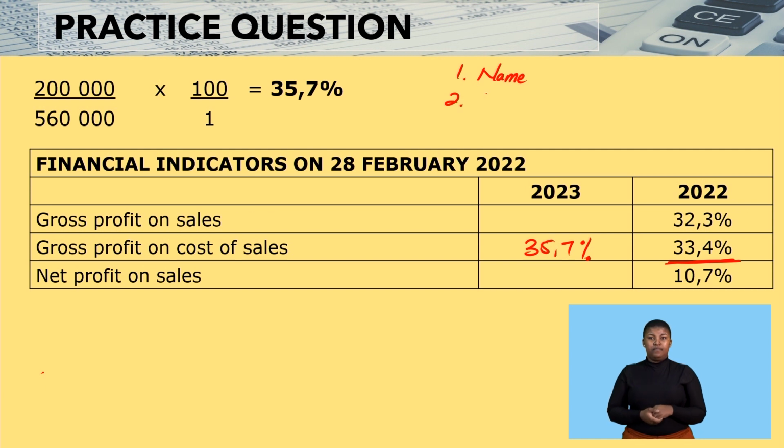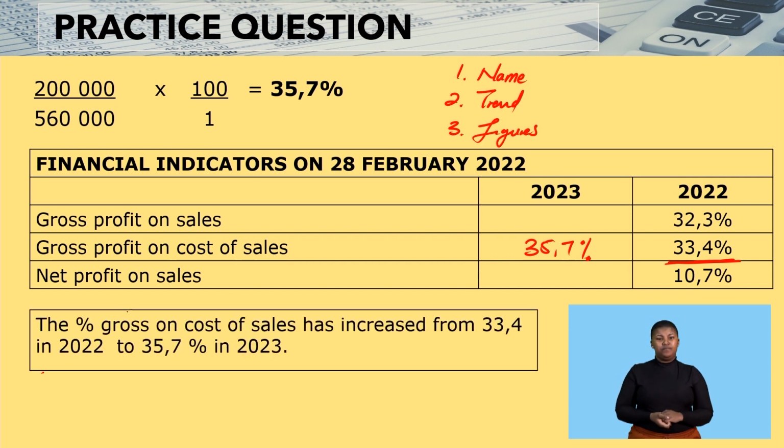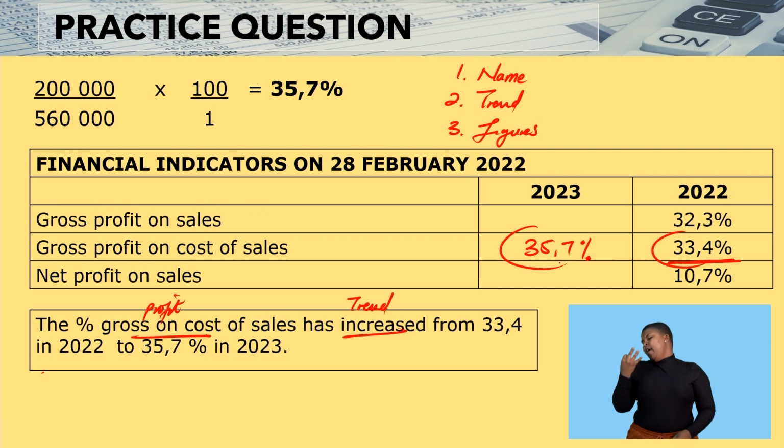Remember, when we comment, we need the name, that becomes number 1. Number 2, we need the trend. And number 3, we need the figures. So, let's begin. The name, that is the percentage gross profit on cost of sales, has increased. The increase is the trend. How do you know it has increased? It was 33.4, now it's 35.7.